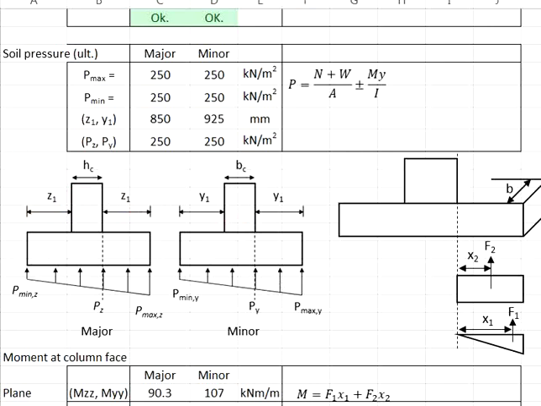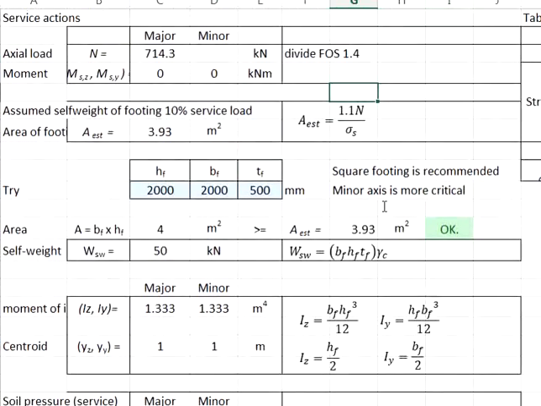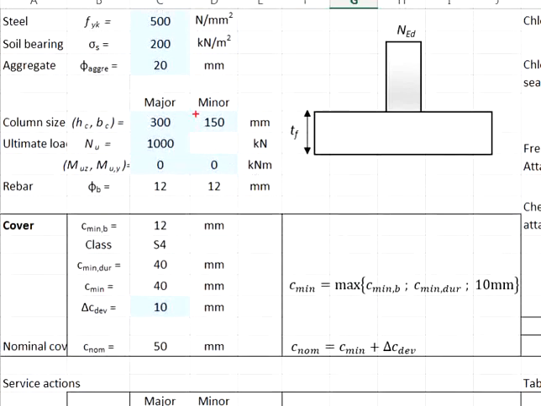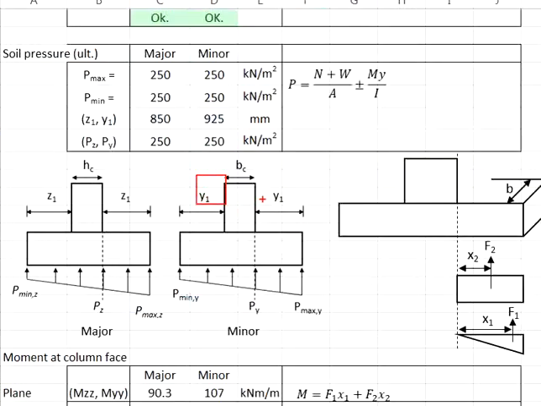You can always sketch the diagram for you to work out the Z1 and Y1. Same thing, you want to calculate the Y1 here. Take the width of the pad footing in the minor axis minus the width of the column in the minor axis, and then divided by 2.